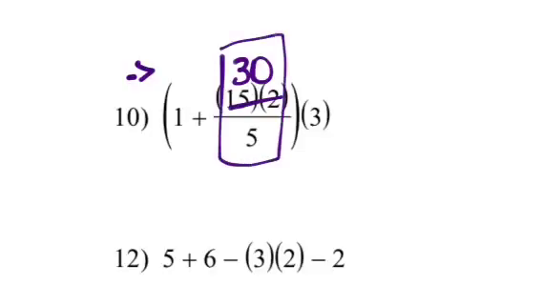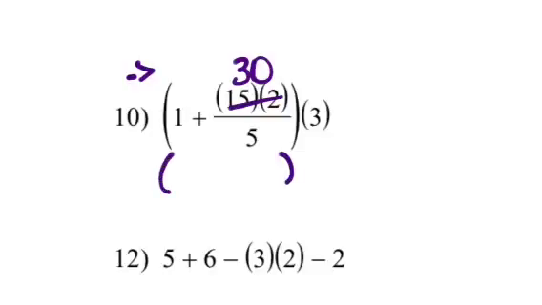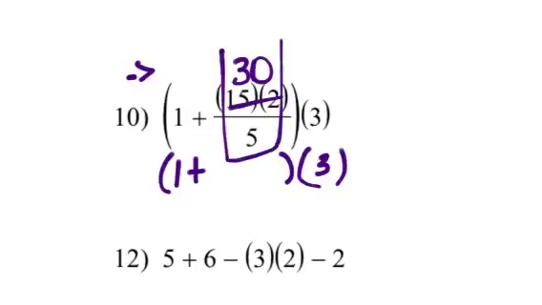So what is 30 divided by 5? Well, that's 6. So I'm going to rewrite my parentheses because at this point we're getting a little messy. I got my 3 on the outside there. I got my 1 here, my plus sign, and you just told me 30 divided by 5 should give me a 6, and it does.